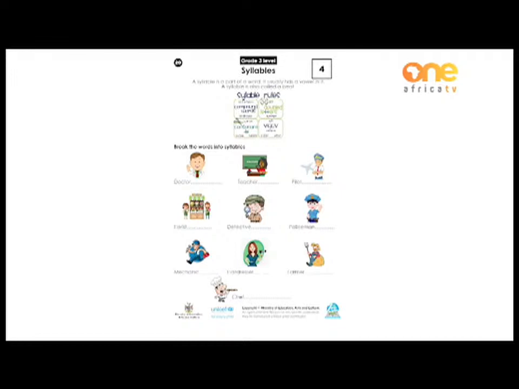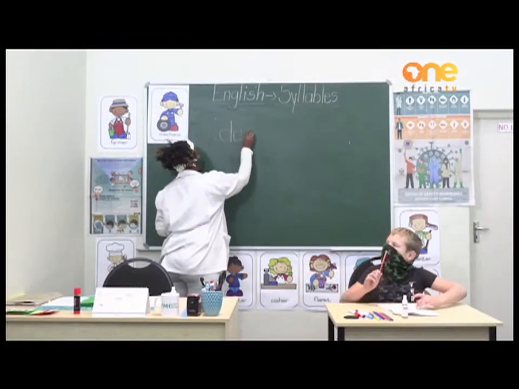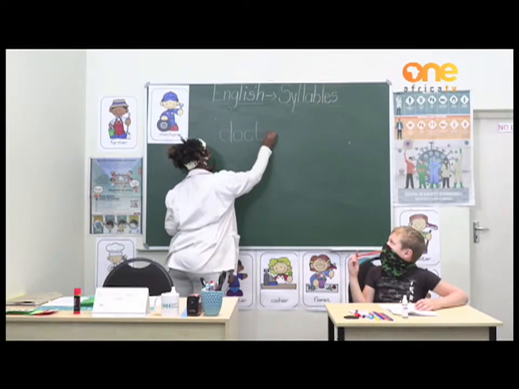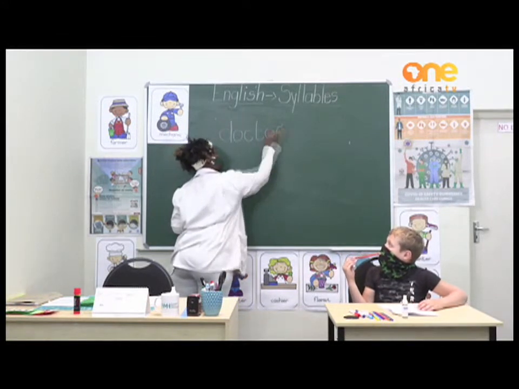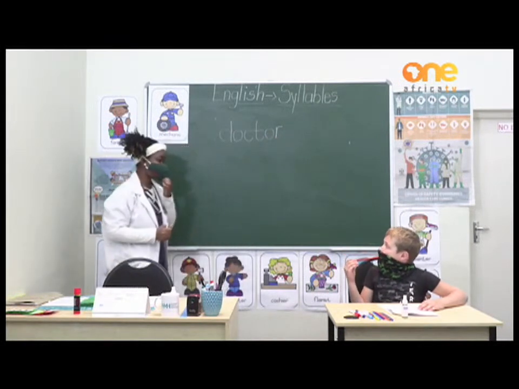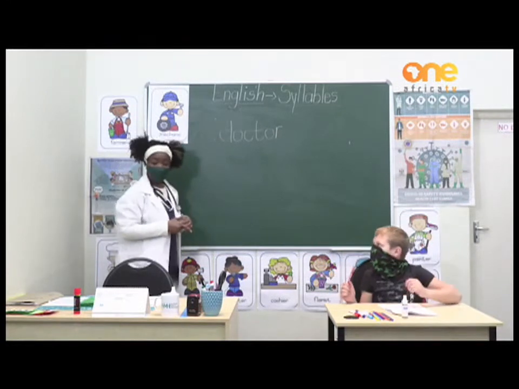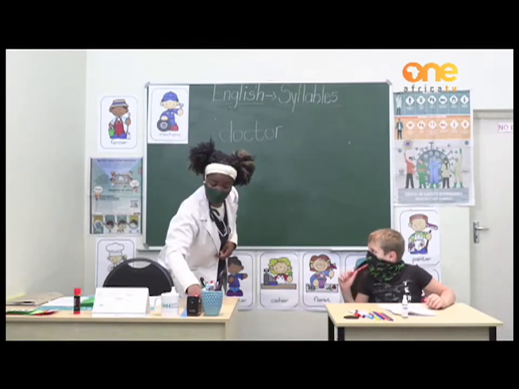All right. Okay, now let's quickly look at the word doctor. I will write the word doctor here on the chalkboard. Doctor. Okay, so we have rules when it comes to breaking up of the words. It is not just about clapping out of the words. Can you still remember our vowels?